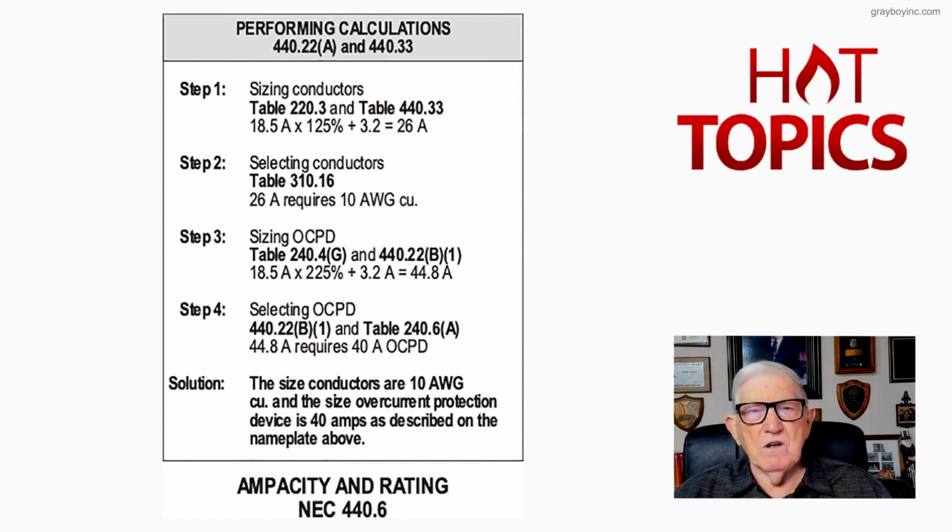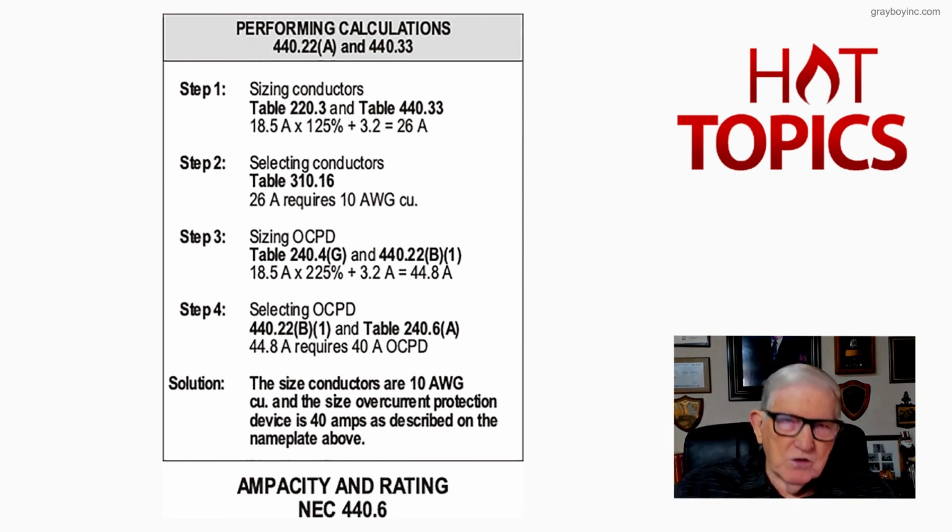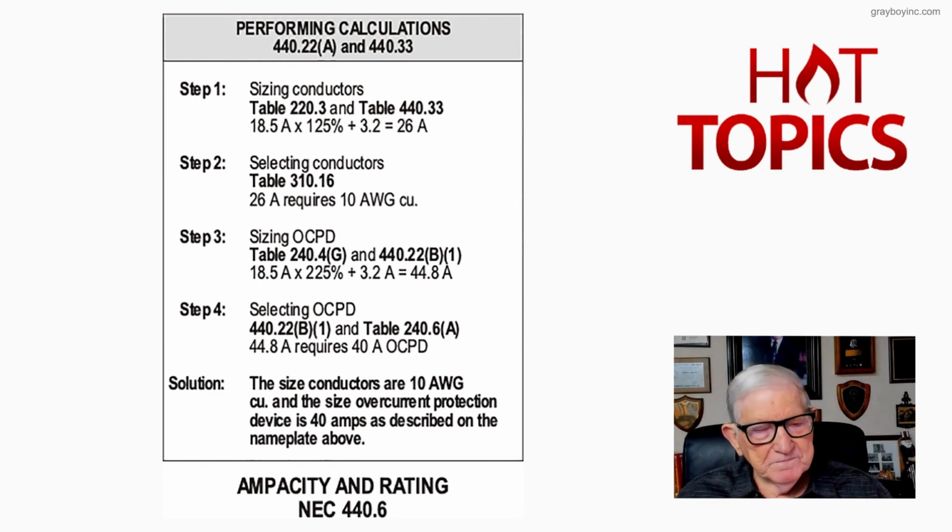See, they may use 175% in 440.22A. And you know, if you look at that on page 338, for example, and if you count down for this individual motor compressor, if you count down starting with the title head, 1, 2, 3, 4, 5 lines right there in the center is the minimum 175%. Meaning you can go below it.